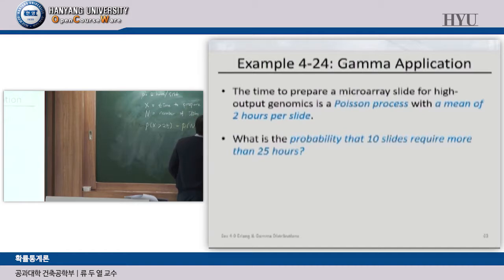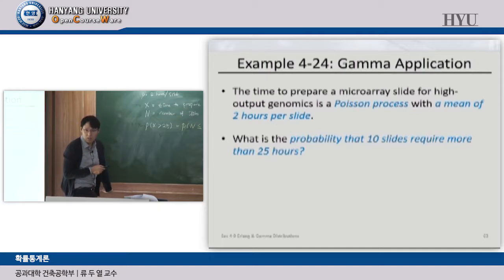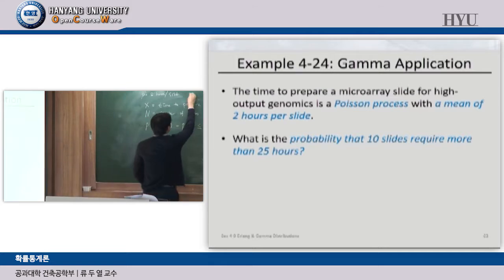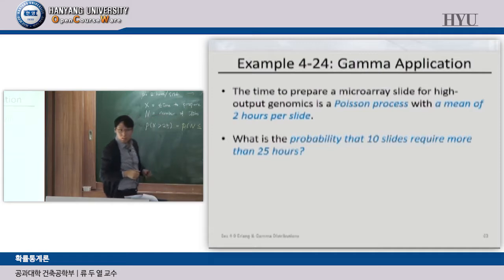We have to calculate this value first. But in the problem, the mean was 2 hours per slide, right? And to use this value as the lambda here, we have to change this to lambda equal to 0.5 slide per hour, right?